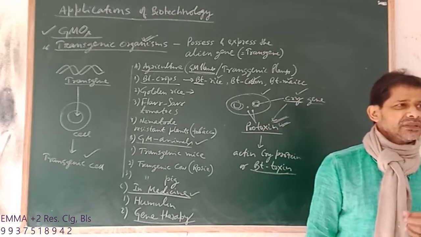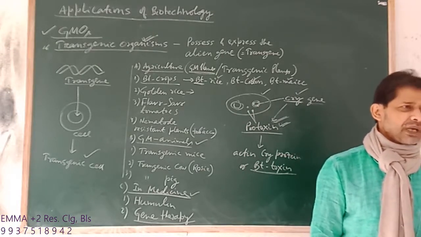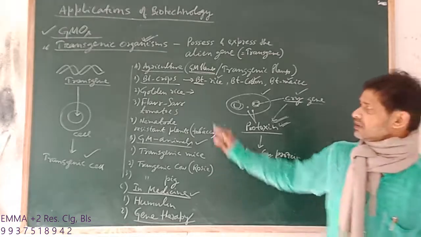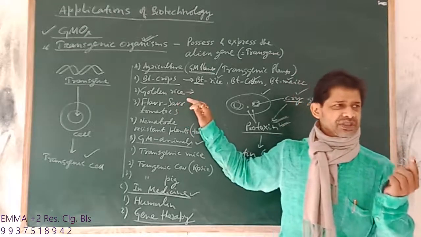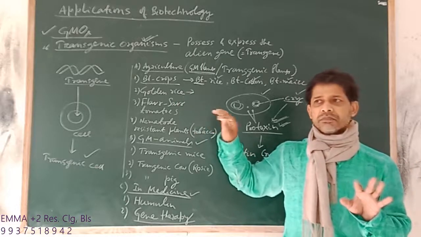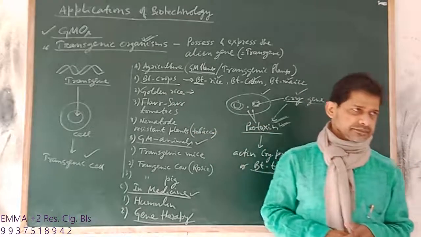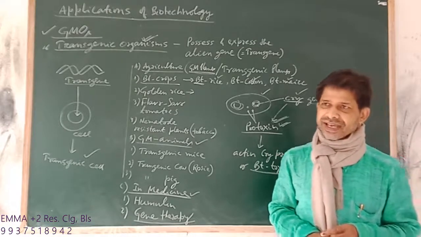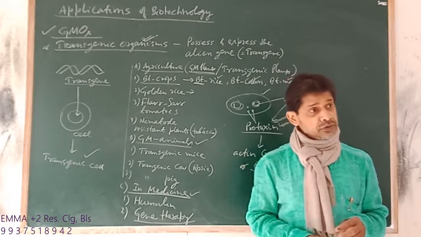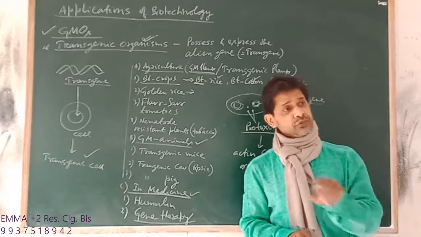Golden rice is also a transgenic plant. This rice contains a transgene called beta-carotene gene. Scientists simultaneously introduced 3 genes related to beta-carotene.